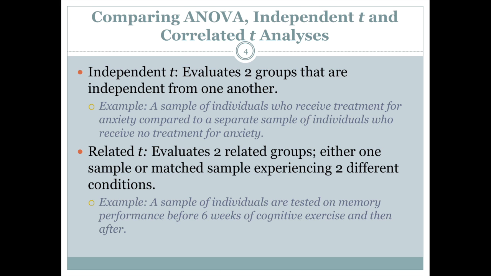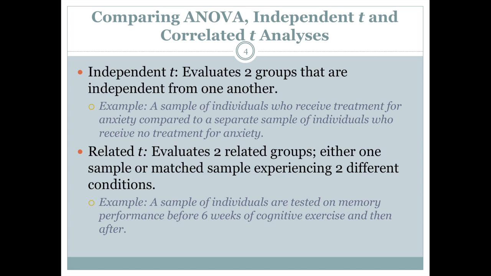Okay, so again, with an independent t-test, we're evaluating 2 groups that are independent from one another. So an example might sound something like a sample of individuals who receive treatment for anxiety compared to a separate sample of individuals who receive no treatment for their anxiety. And then we're going to test them after and see if there's a difference there, right?